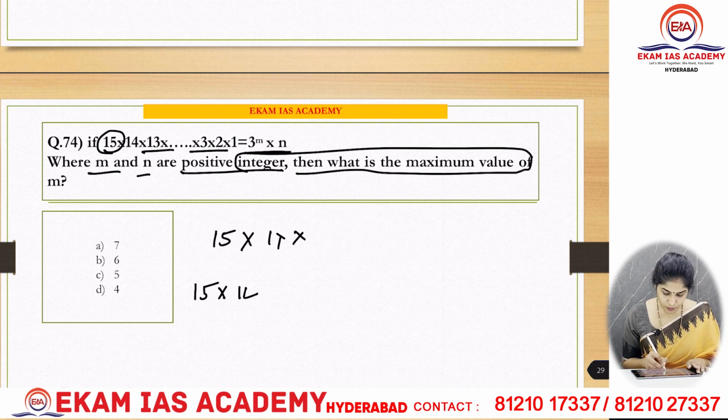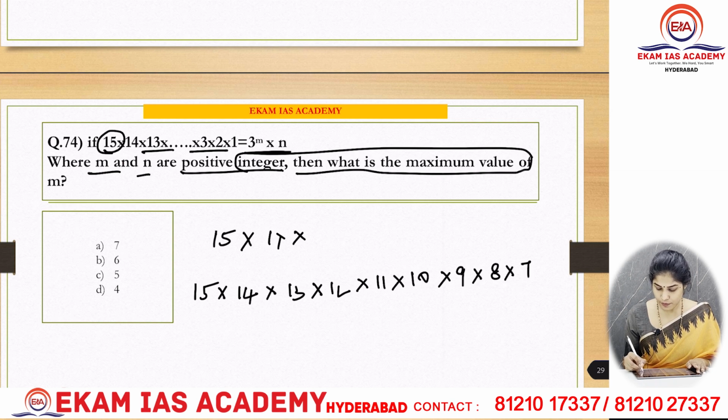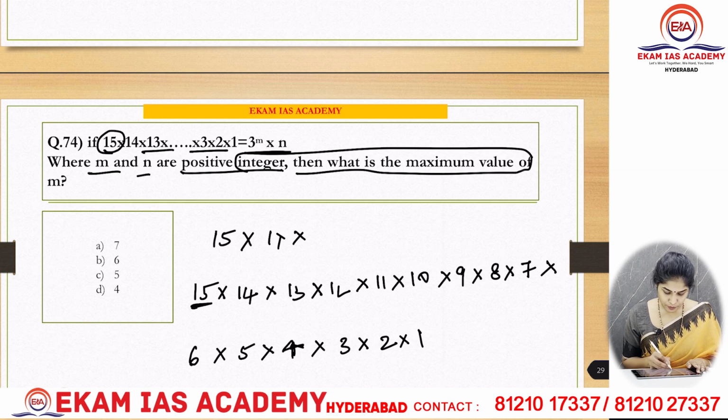15 into 14 into 13 into 12 into 11 into 10 into 9 into 8 into 7 into 6 into 5 into 4 into 3 into 2 into 1, right? So, 15 we can write as 3 power 1 into 5.